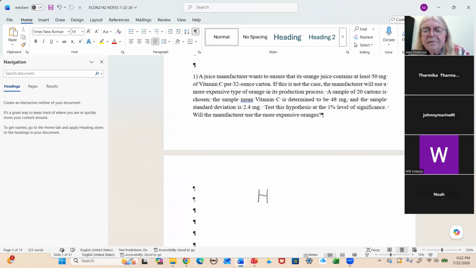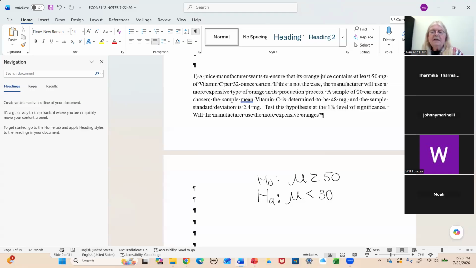So the alternative is that the orange juice does not have enough vitamin C in it. The null is that it does. So in other words, it's a left-tailed test.